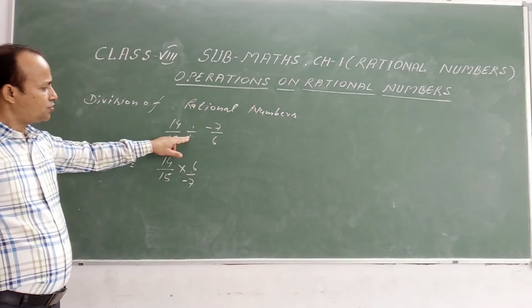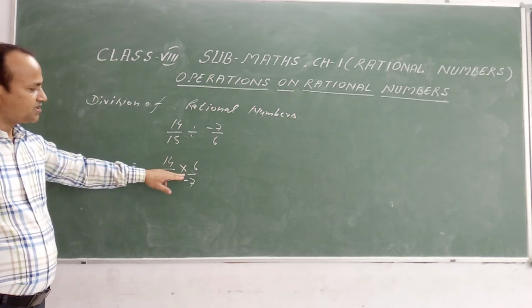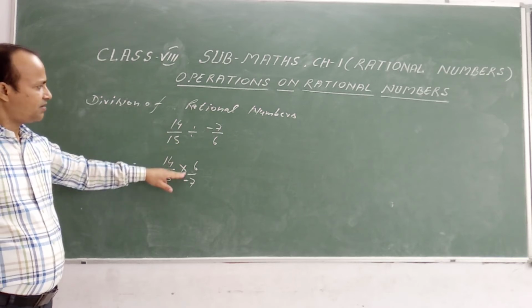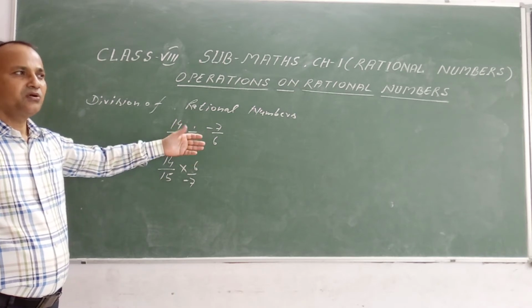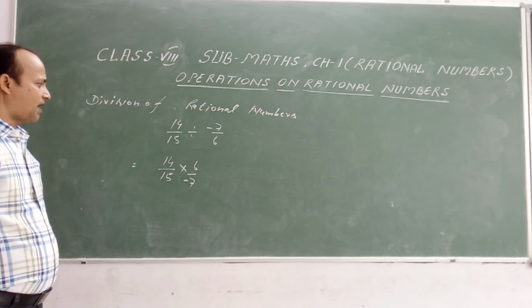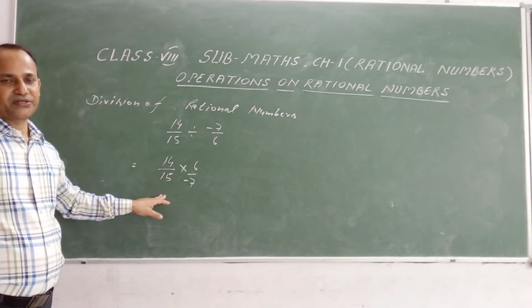Division sign will change into multiplication, and the number minus 7 upon 6 will change into its reciprocal form. And now this is multiplication.